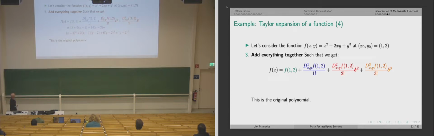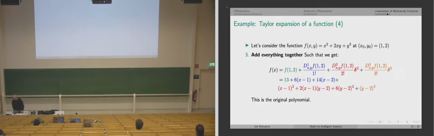We can check that this is the original polynomial, that the Taylor expansion expresses everything. That was because we did the Taylor expansion of a third order polynomial where all the derivatives after the third order vanish, okay?